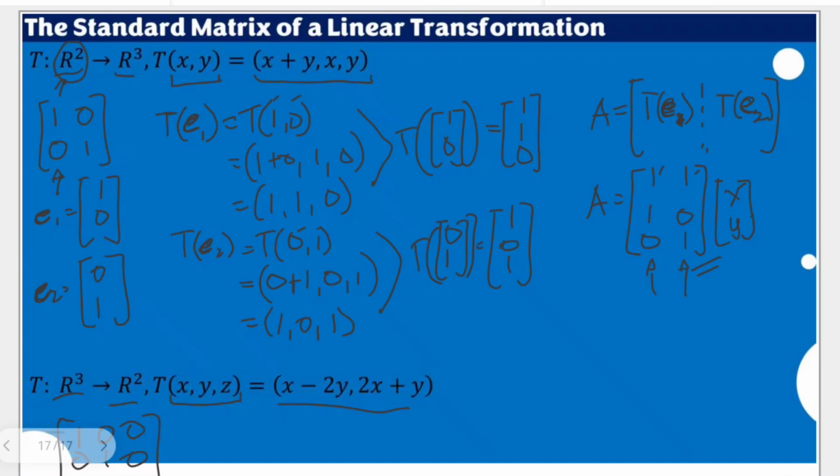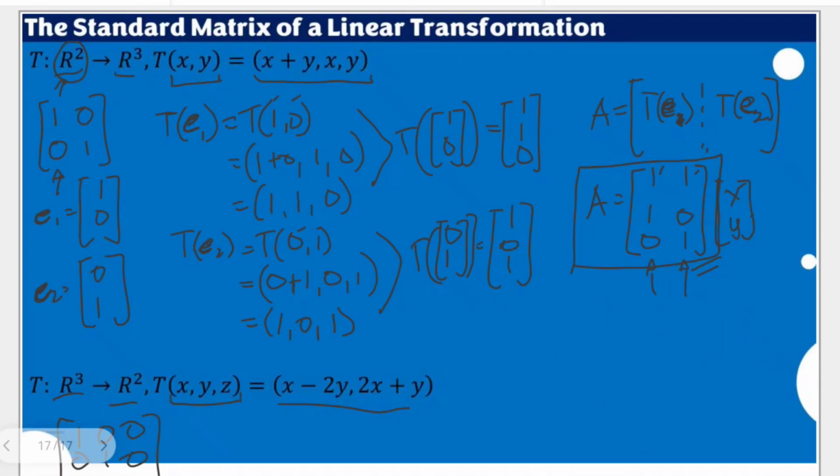That's the hint for determining whether the final result is correct or not. Because if you interchange it, saying 1, 1, 0 and 1, 0, 1 because you're thinking of R3 as the result, when you multiply this with your x and y, it's no longer defined. So let me erase this first.